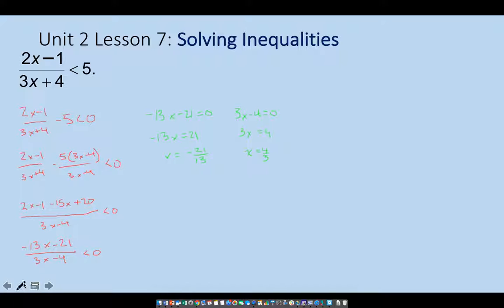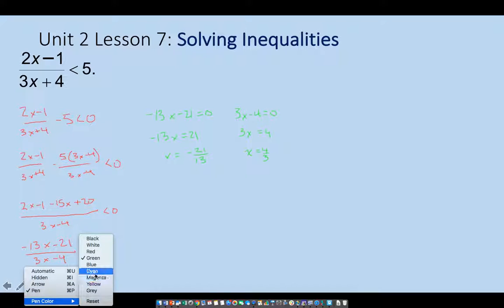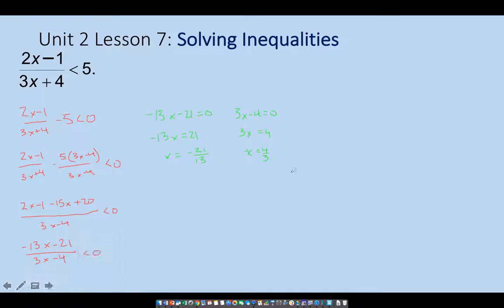And so let's now set up that number line. Okay, so looks like, oh, this was 3x plus 4, wasn't it? Sorry, 3x plus 4. I made a mistake, sorry.